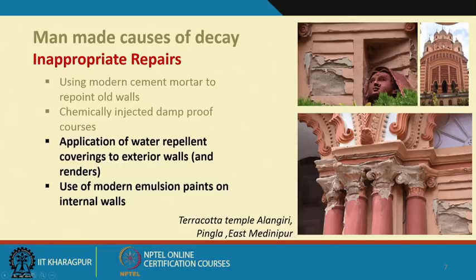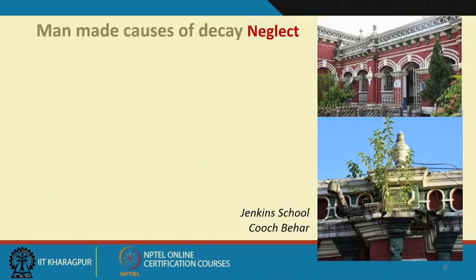So they used modern emulsion paint, and as you can see, it is falling off. It may look good, colorful and well preserved for a short time, but in the long run it will cause further damage. You can see that it is falling off and bringing out the original material. So these types of repair methods are very dangerous for historic fabrics.